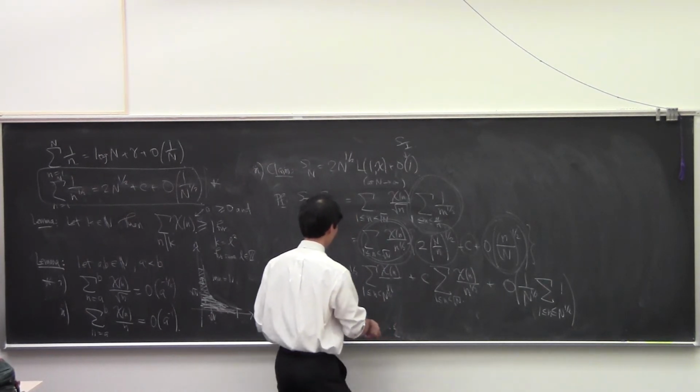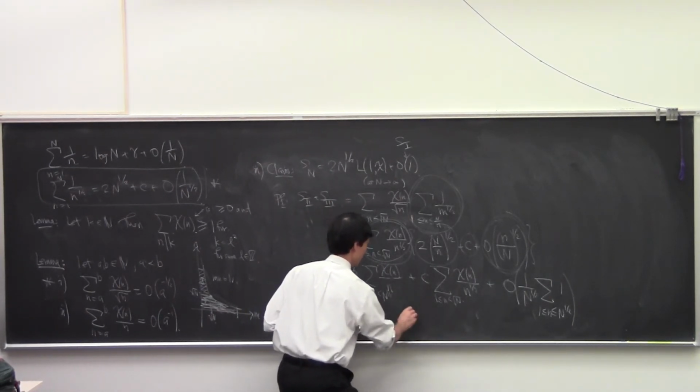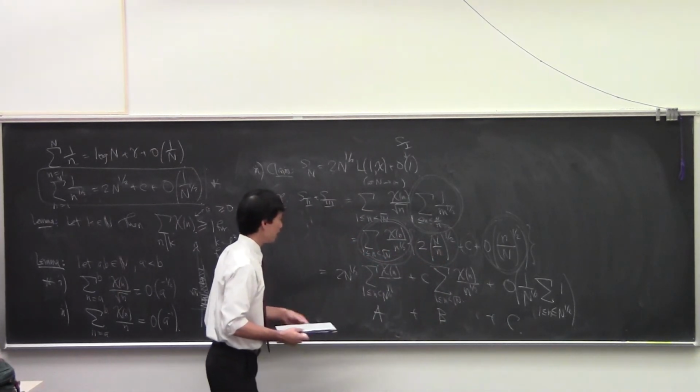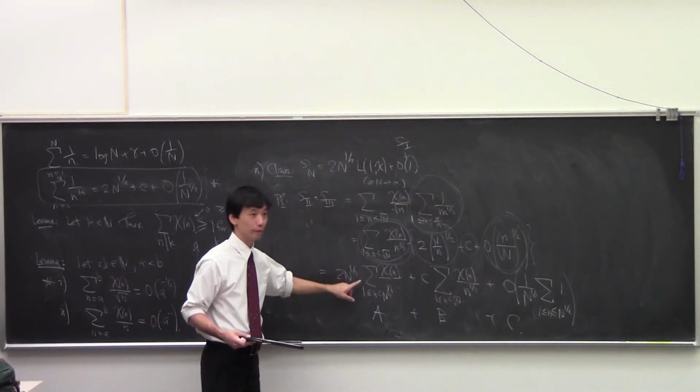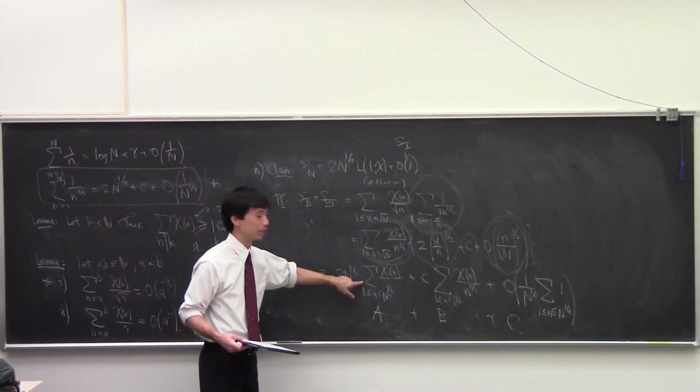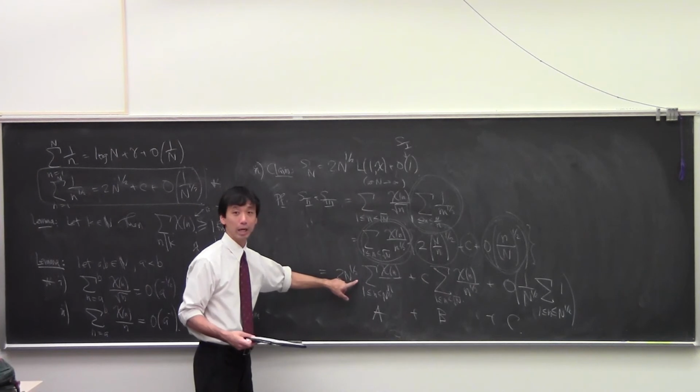And in the book, we want A, B, and C. You start to see where the Dirichlet L function shows up. This is part of L1 chi.